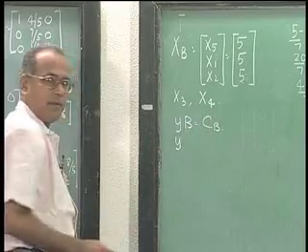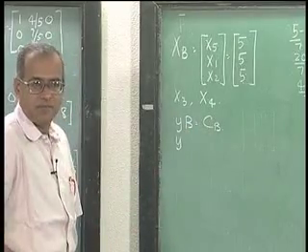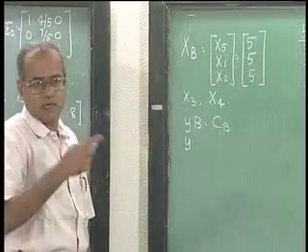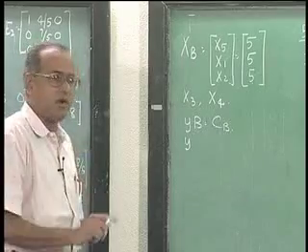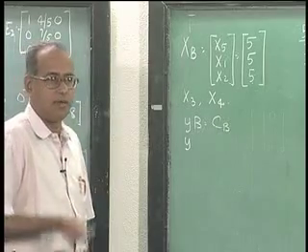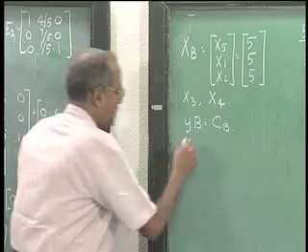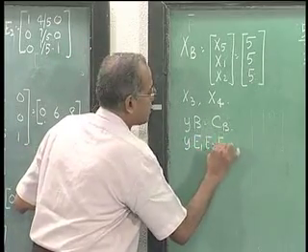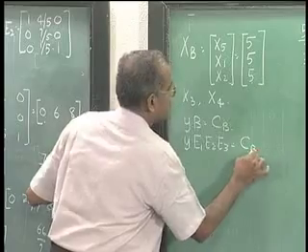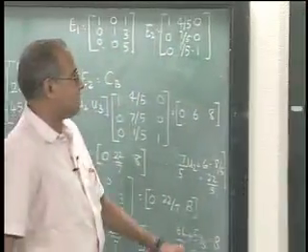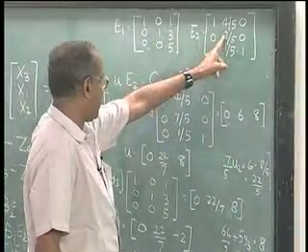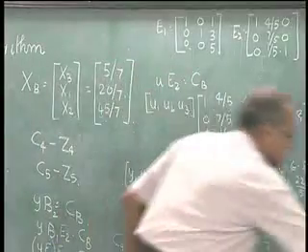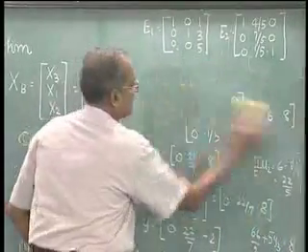So, B3 will be B2 into E3, B2 is B1 into E2, B1 is B0 into E1 and B0 is I. So, putting all of them together we will get y into E1, E2, E3 is equal to Cb. We right now have values of E1 and E2 which are written here. So, we need to write the value of E3.